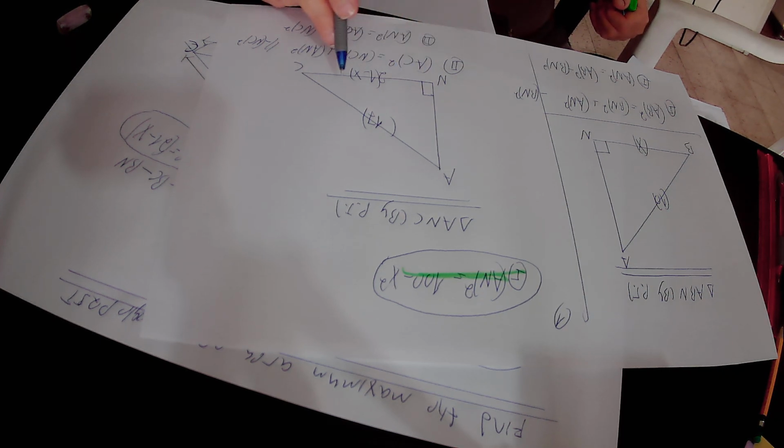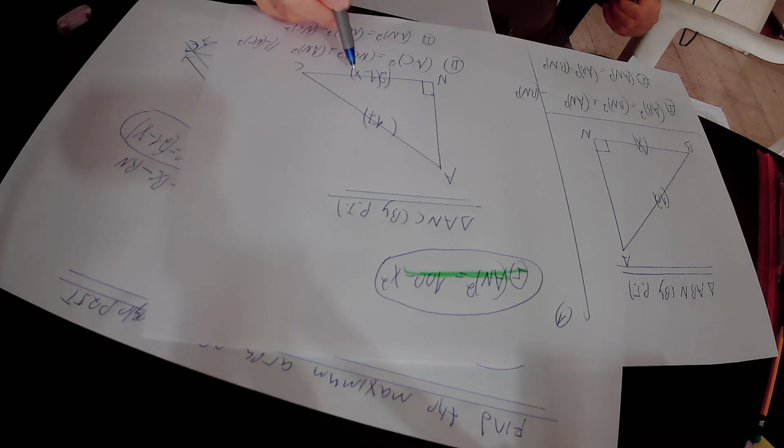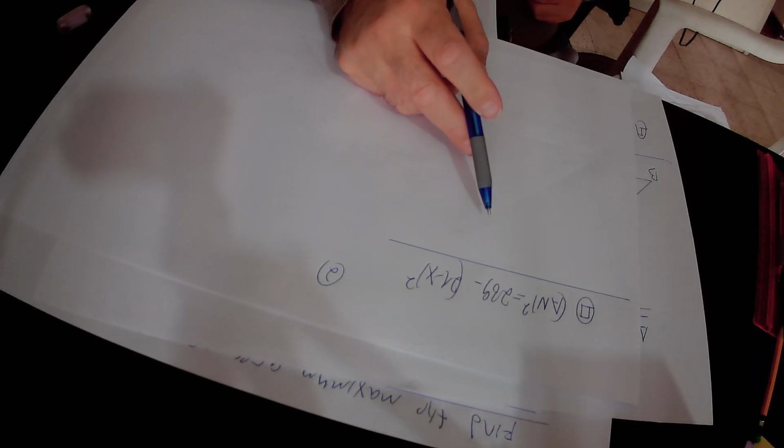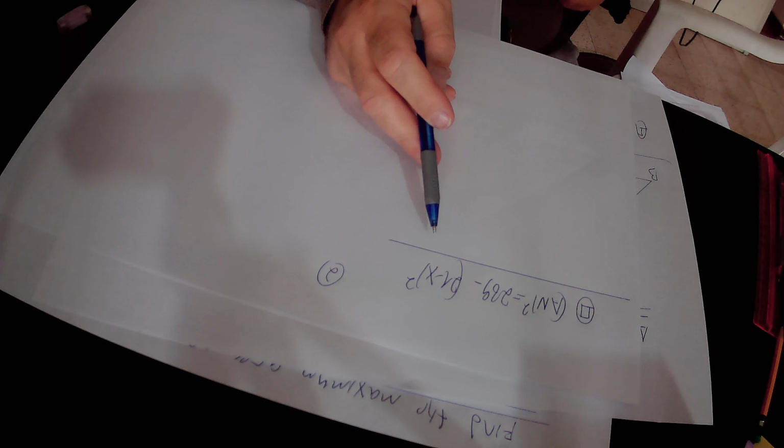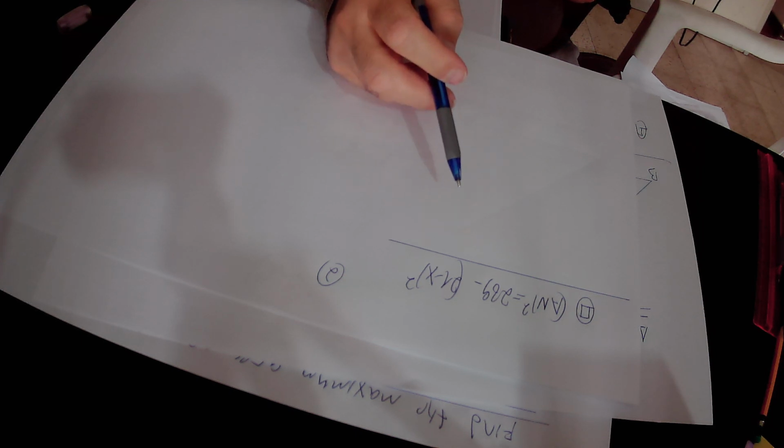AC equals 17, therefore AC squared is 17 squared, that is 289, minus NC squared. NC is 21 minus x, therefore NC squared is (21 minus x) squared. So according to equation 2, we found out that AN squared equals 289 minus (21 minus x) squared.